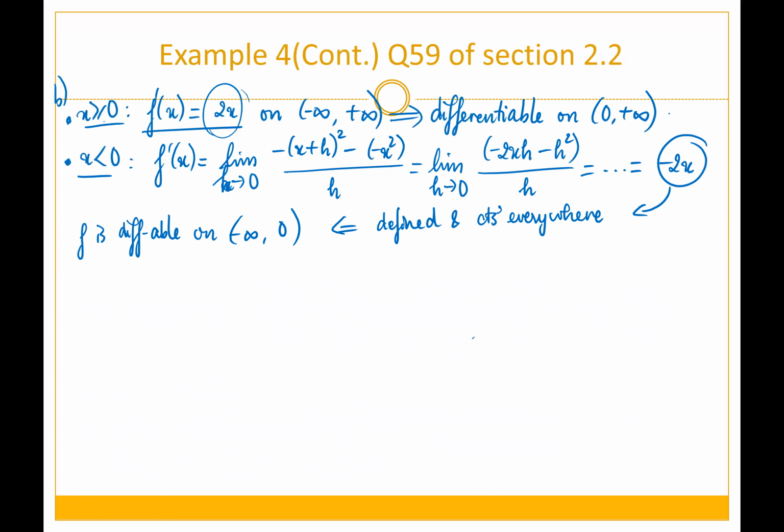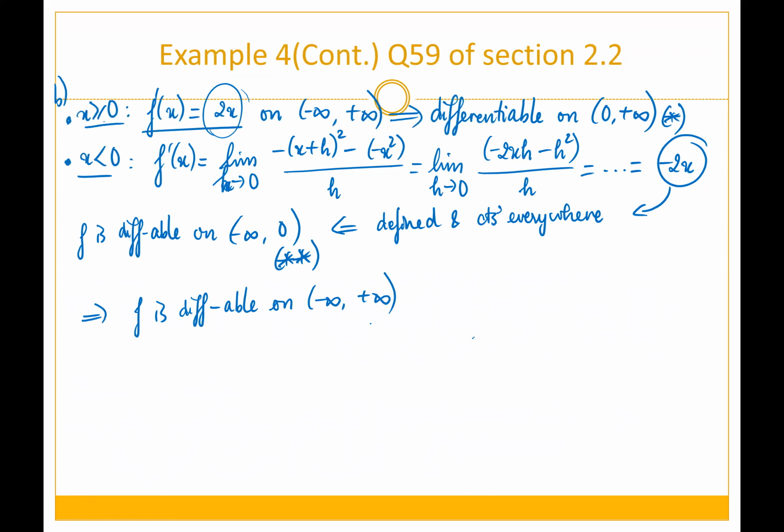Therefore, from this one star and then two star, we have f is differentiable on negative infinity to positive infinity. So basically we're saying f has its derivative existing everywhere.